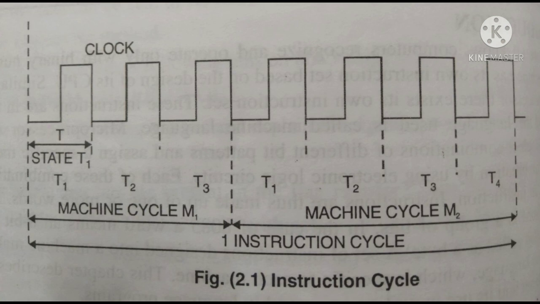Means in the instruction cycle we use 2 machine cycles, M1 and M2. In M1 we use 3 T states: T1, T2 and the last one T3. This is a T state. And machine cycle M2 uses 4 T states: T1, T2, T3 and T4. This is the instruction cycle working.